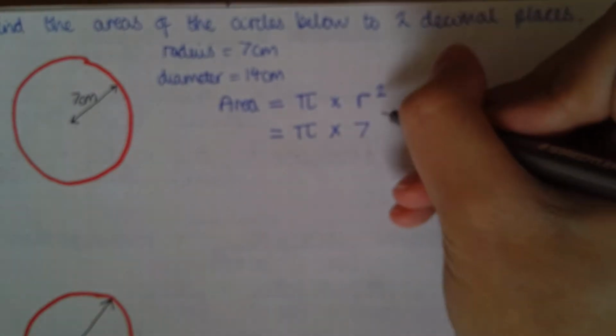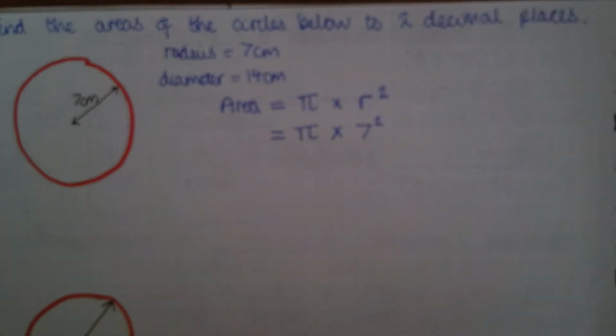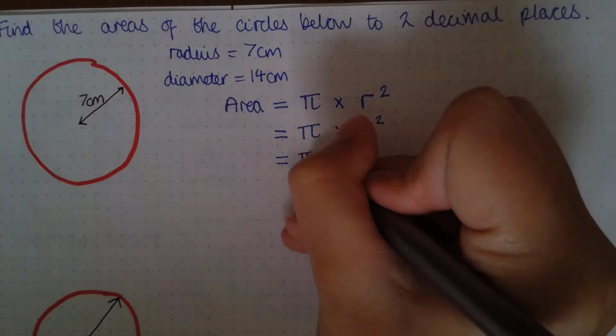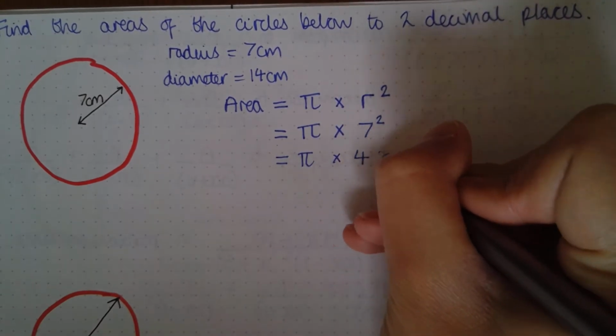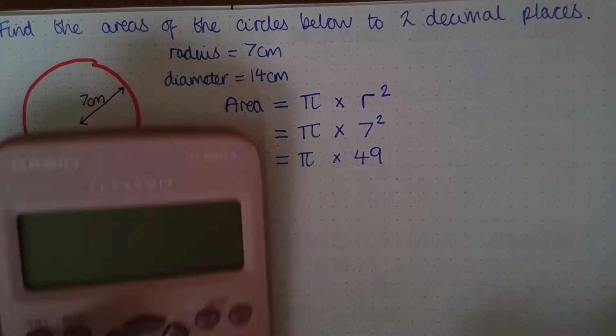So 7 squared is 49. So I'm going to write down pi times 49. And then we're just going to work that out.